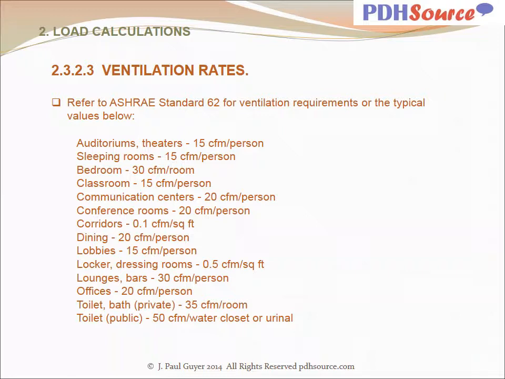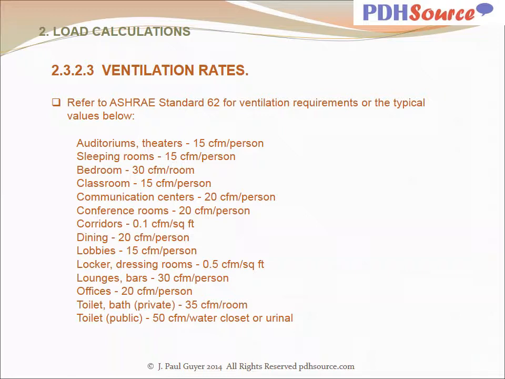There are some guidelines available in the literature for estimating the amount of infiltration, and they typically are based on so many CFM per linear foot of perimeter of the windows, say, so many CFM per linear foot of the perimeter of doors, plus perhaps a factor to accommodate the fact that people are opening and closing the doors.